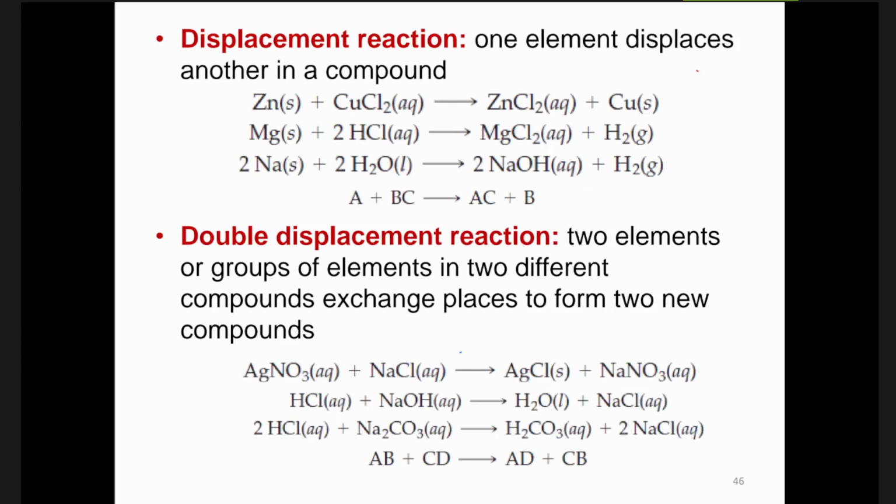Of course, sometimes you have a reaction that could be challenging to put exactly in one of the 4 categories. So one chemical reaction we call the displacement actually.